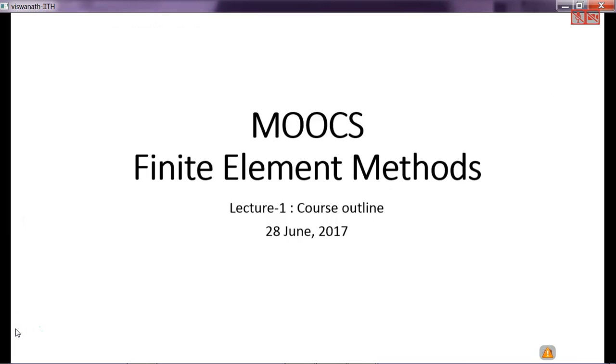The core part of computational solid mechanics is to use finite element methods. So I use finite element methods day in, day out to solve problems related to material mechanics, solid mechanics, and others. This is the natural course that I have generally been teaching at IIT Hyderabad for the last couple of years, and I also teach advanced AMOS and other things as a part of my teaching curriculum.